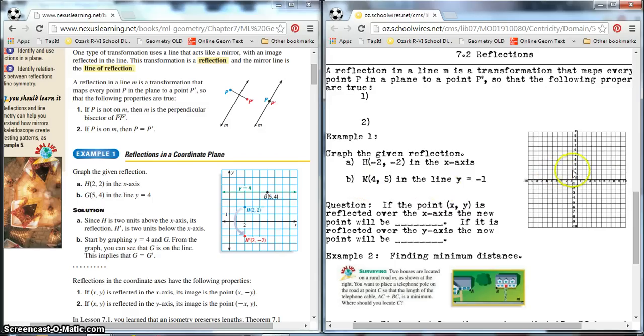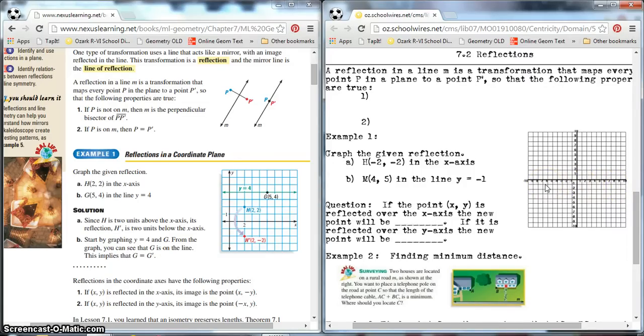M then is at 4, 5, so go ahead and go over 4 and then up 5, kind of put it about right here. We want to reflect that over the line y equals -1. So you're going to have to draw for me right now. Remember, y equals -1 is a horizontal line right here. So why don't you draw that line of reflection in right there. I wish I could draw it with you, but I can't.